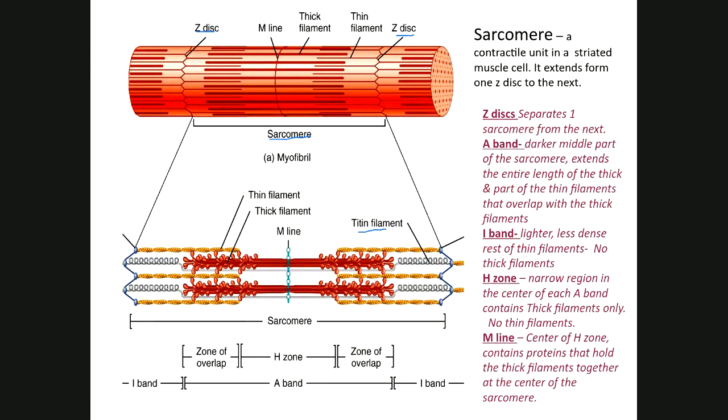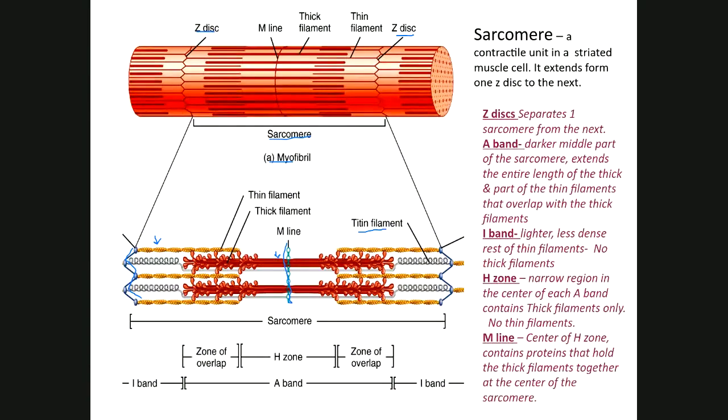And you could see the myofibril, or specifically this little section called the sarcomere, is made up of thick filaments, which is the orange, which connect to the center line called the M line, and thin filaments, which you can see here in yellow, that connect to the Z-discs on each side, okay? So these are considered the thick filaments in orange, and the yellow is considered the thin filaments.